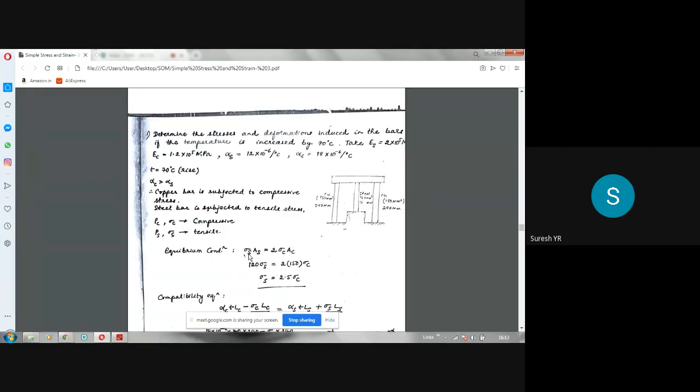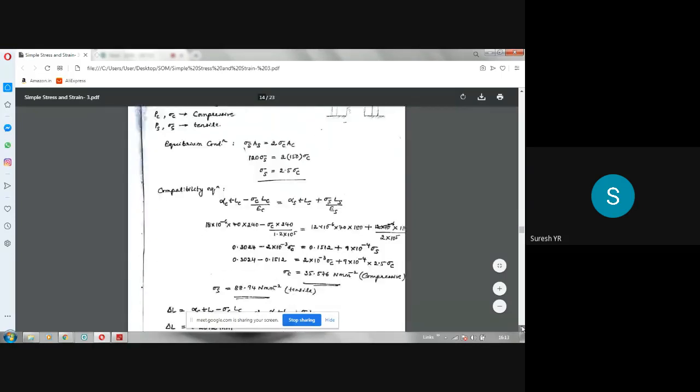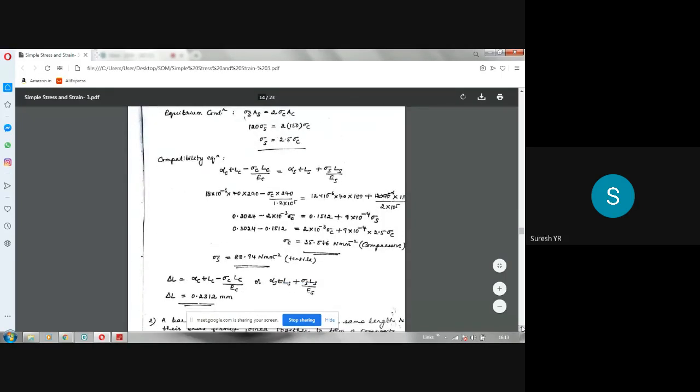Expressed in terms of stress and area, you get the relationship between the stress in steel and the stress in copper. Then the compatibility condition: the total deformation remains the same in a compound bar, irrespective of the number of materials used. So using that concept, copper is subjected to compressive stress.